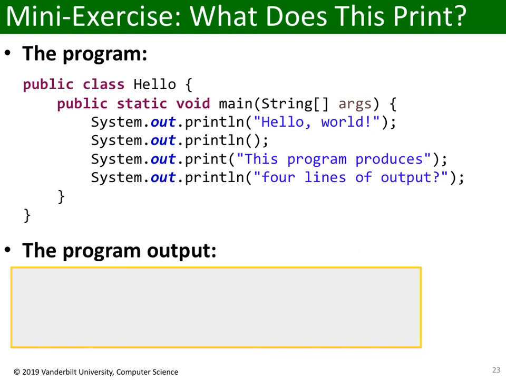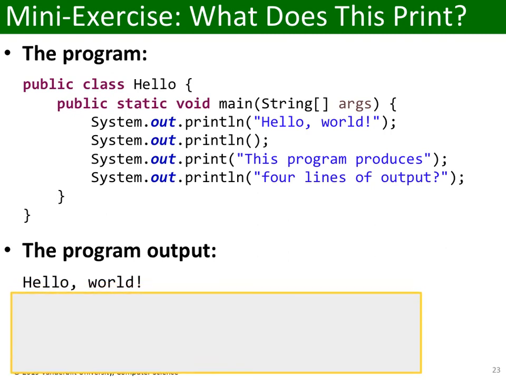So first of all, it's going to generate hello world, and it's a print line statement, which means it's going to be followed by a new line or carriage return. So, hello world. Now, the next statement is a print line statement with no arguments in the parentheses, which will generate a blank line followed by a carriage return.